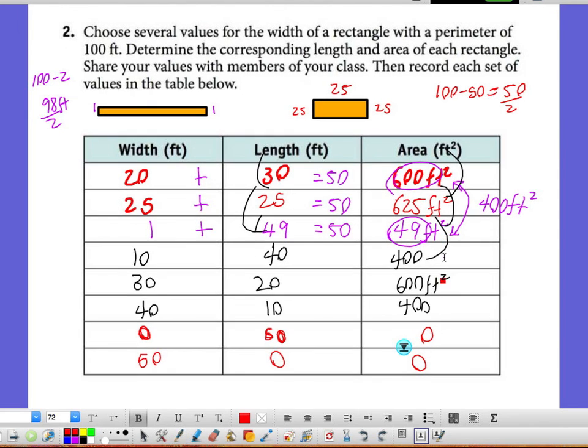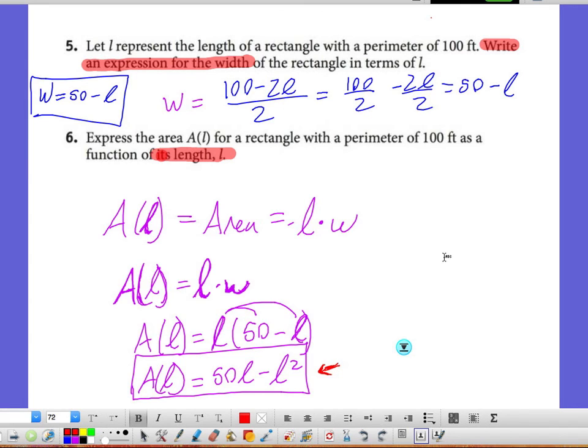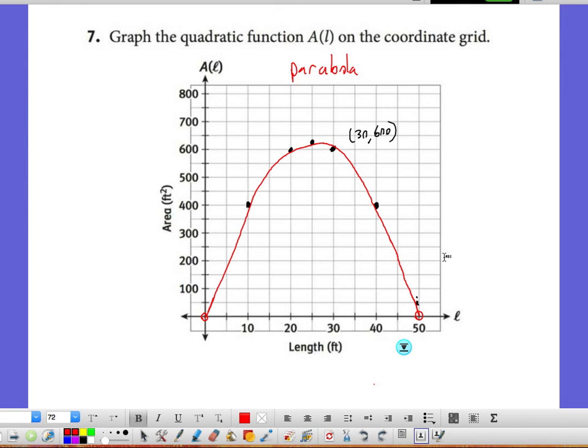So how does that affect our reasonable domain? Well, that basically means that we want an area where we have a non-zero number and a non-negative number. And so reasonably, we want our area to be greater than 0 and to help us find the maximum area.